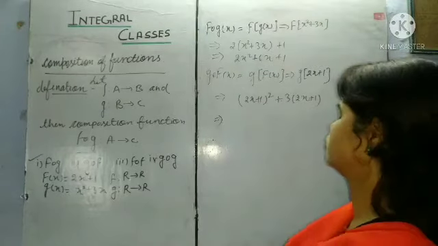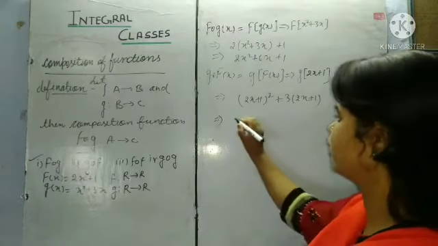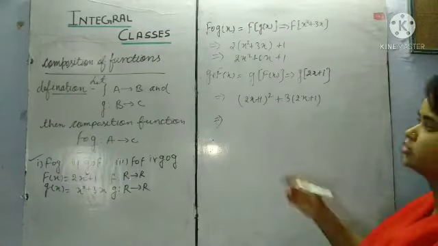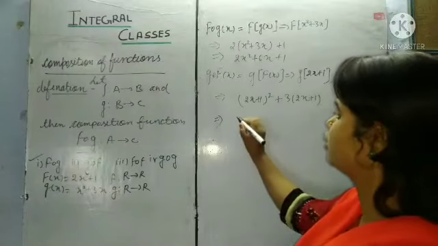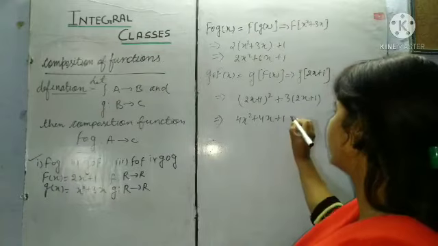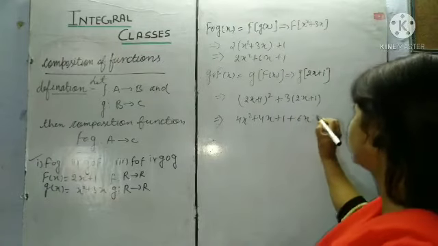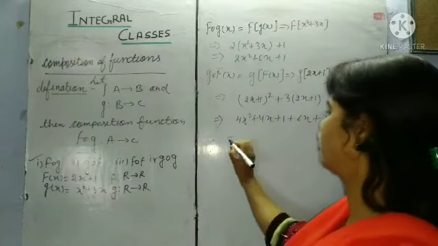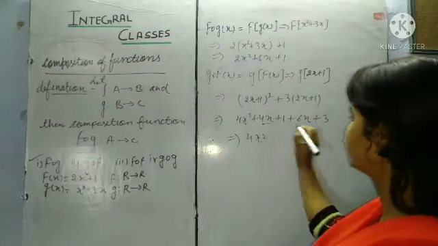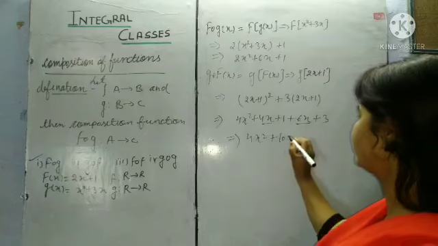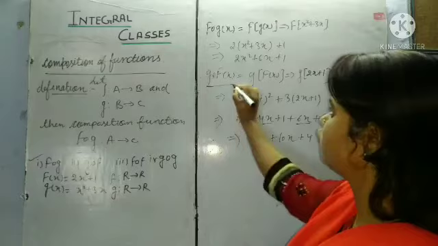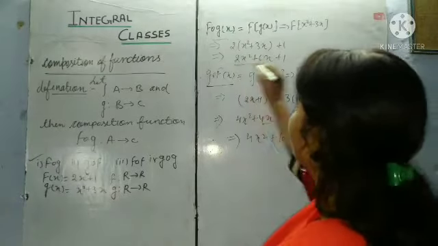Now solve it. For (2x + 1)², we apply the algebraic identity (a + b)². So 4x² + 4x + 1, and 3 times gives 6x + 3. Now again, 4x² + 4x + 6x = 10x, and 1 + 3 = 4. So this is the value of gof.